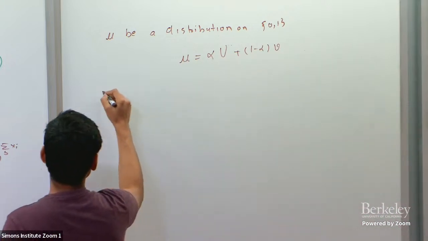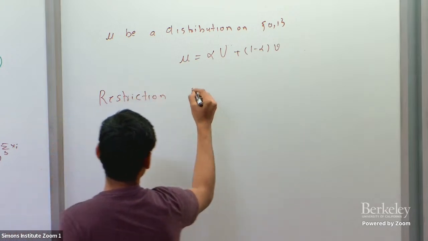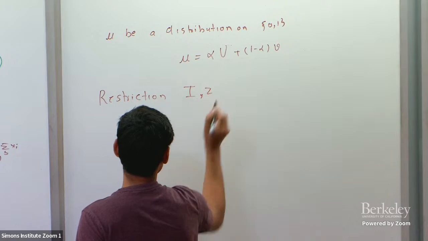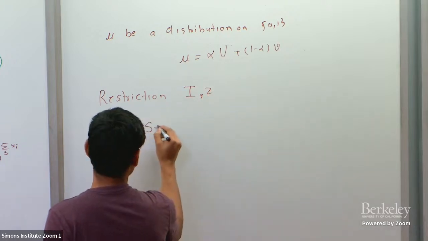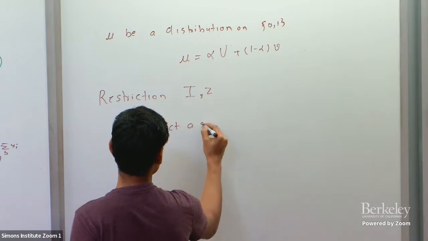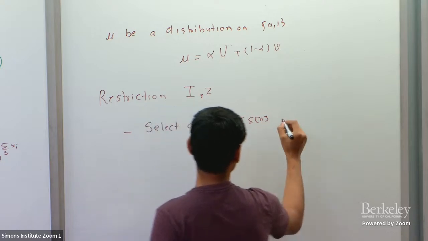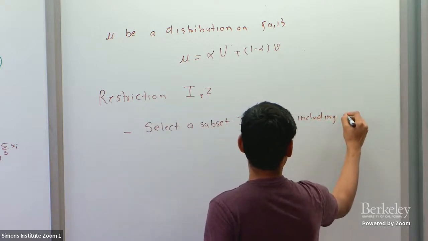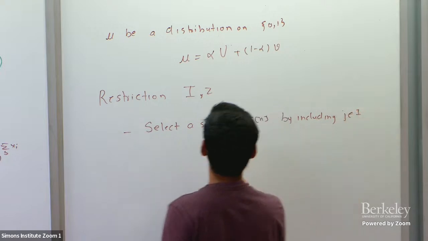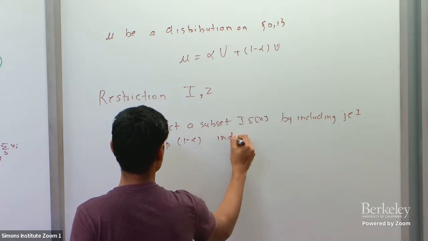The restriction, which I'll be denoting by I and z, is as follows. First, select a subset I of [n] by including each j in I with probability 1 minus alpha independently.